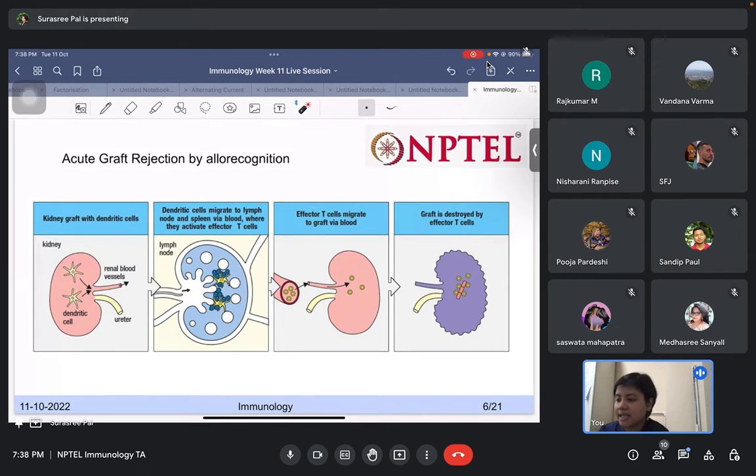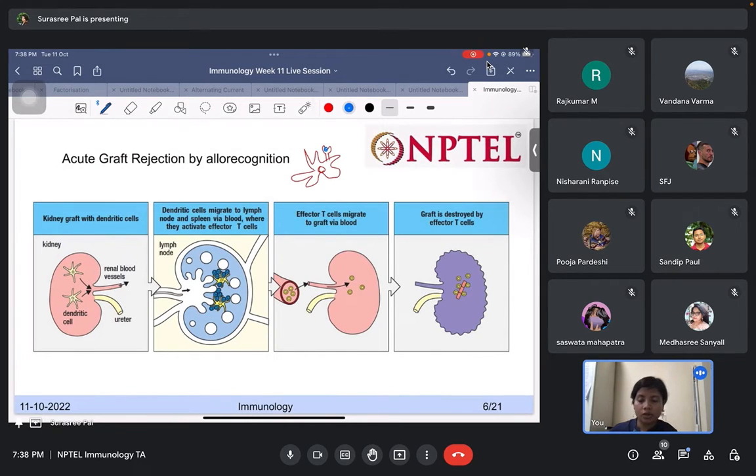These dendritic cells express MHC molecules, which are their own MHC molecules, and they also display some antigenic peptides on their surface, right?